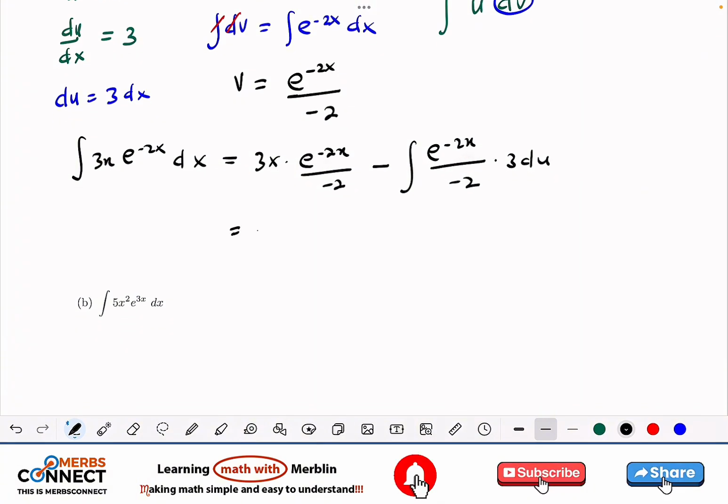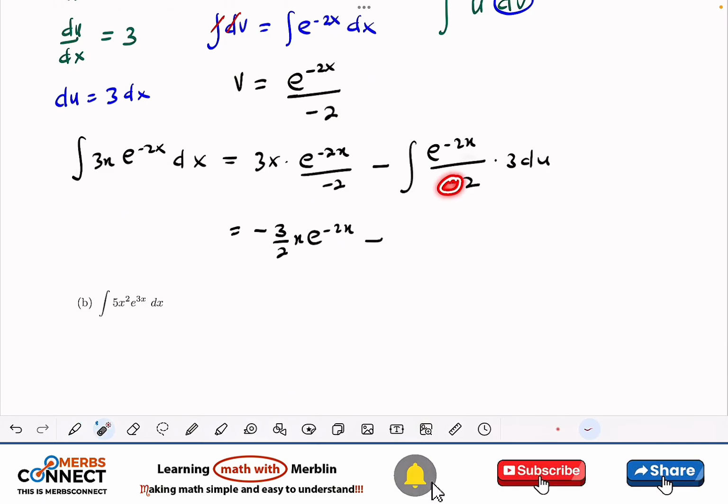This is going to give us negative 3 over 2 x e to the power minus 2x minus... I have a minus here, I have a minus here, so I can write it as plus, and then I can factor. Since I have divided by, it means that I have 1 over 2 here, and I have 3 also here.